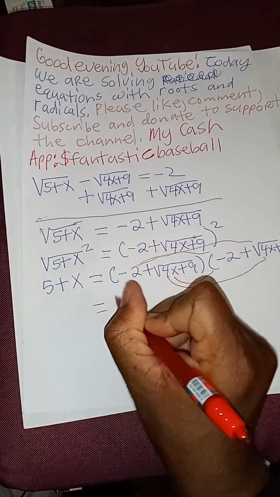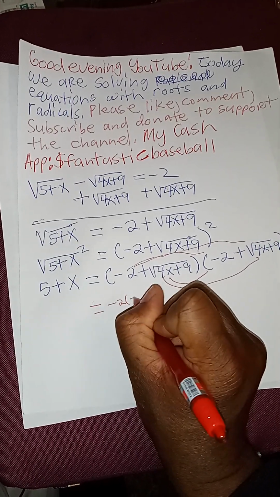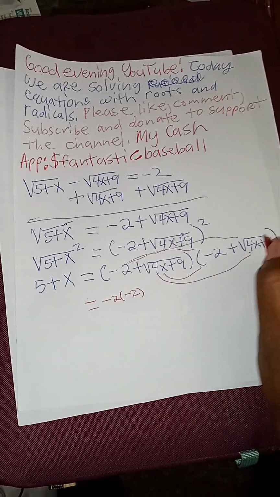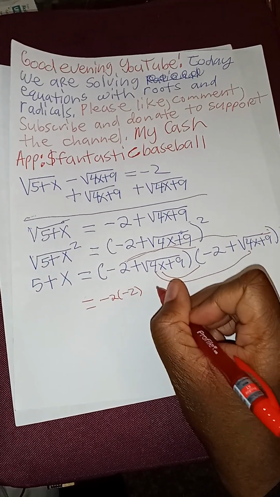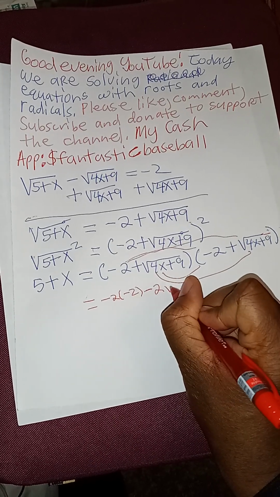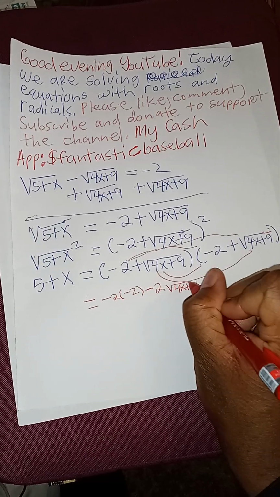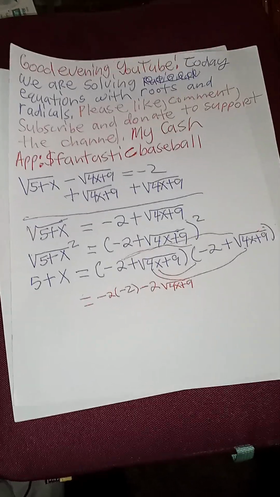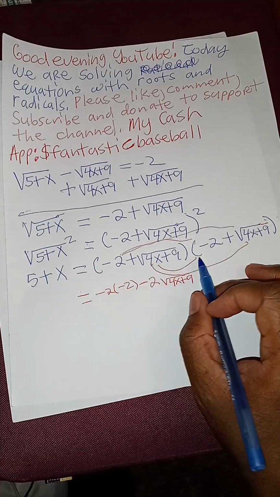So on the right-hand side, we're going to obtain -2 times -2, and then -2 times square root of 4x plus 9, which will turn to a minus. So -2 square root of 4x plus 9. Then the inner, square root of 4x plus 9 times -2.